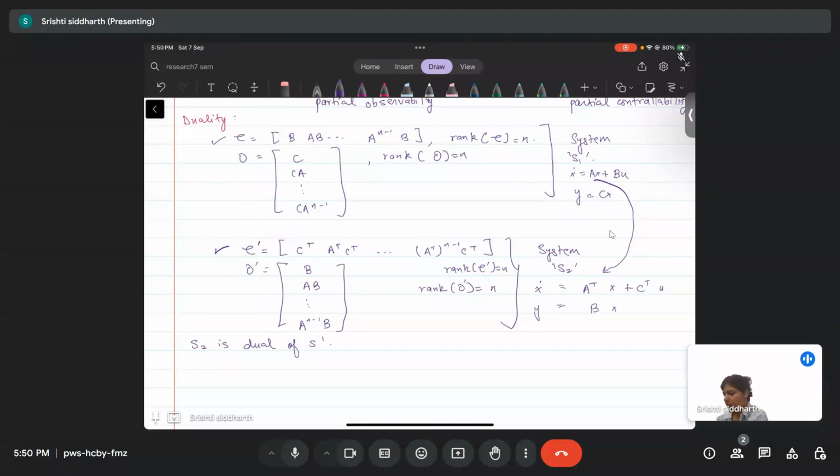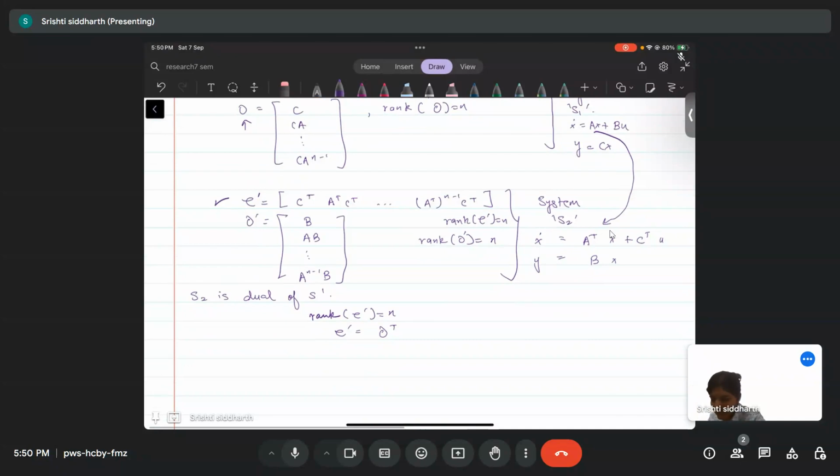So then how do you check observability of the original system? By checking controllability of C prime, right? So if the rank of C prime is n, and we know that C prime is actually the transpose of the original observability matrix, and the rank remains the same after the operation of transpose.